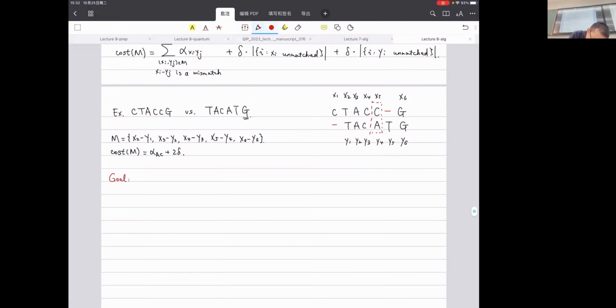The goal is that, given two strings, x equals x1, x2, until xn, and y equals y1, y2, until yn, find the alignment of minimal cost. So this is the sequence alignment problem that we want to solve.